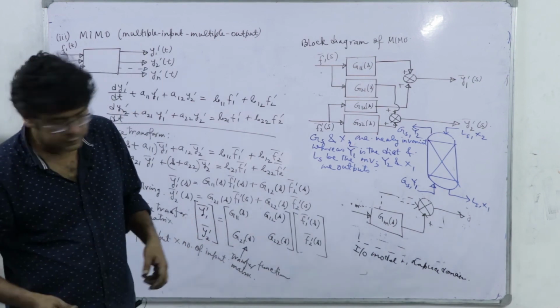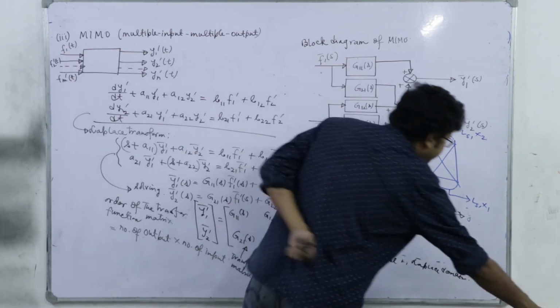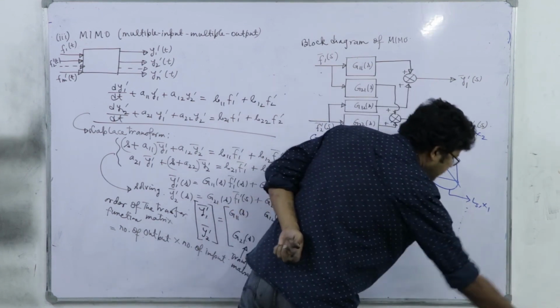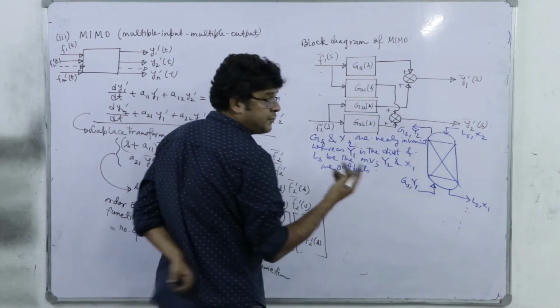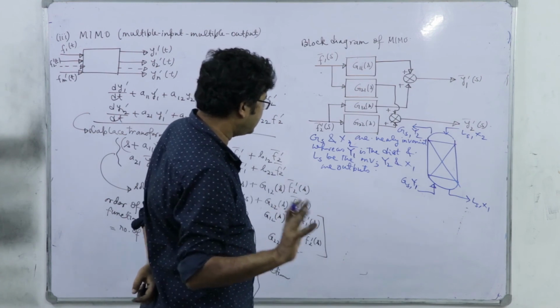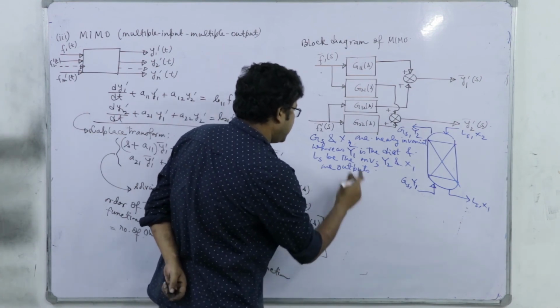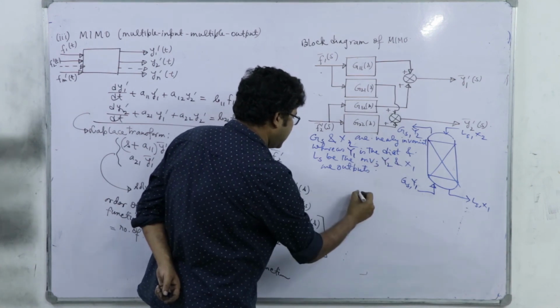So with that we can think of, if we can properly model, I am not going into the model part, we can write what the outputs Y2 and X1 are.